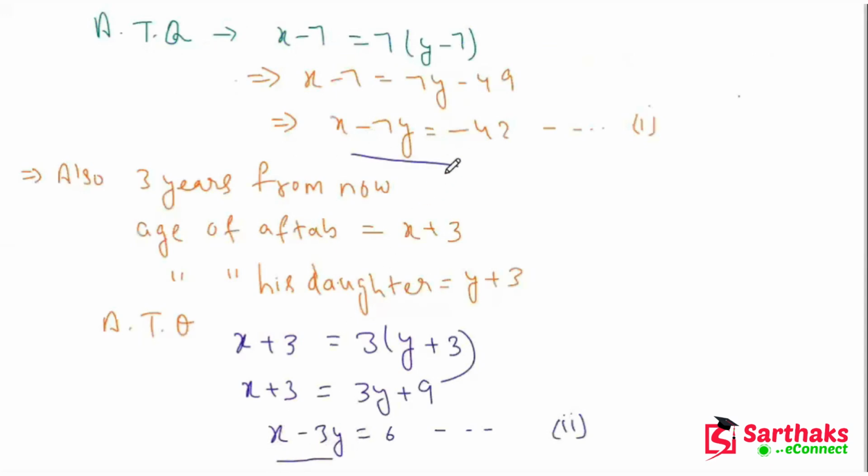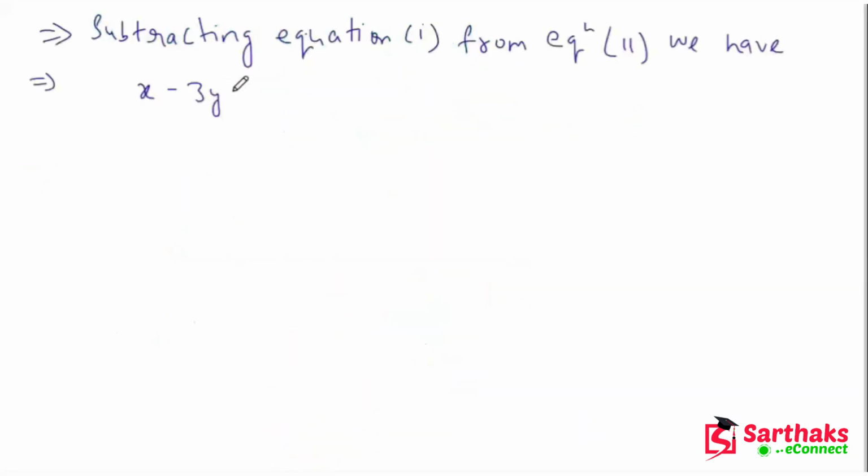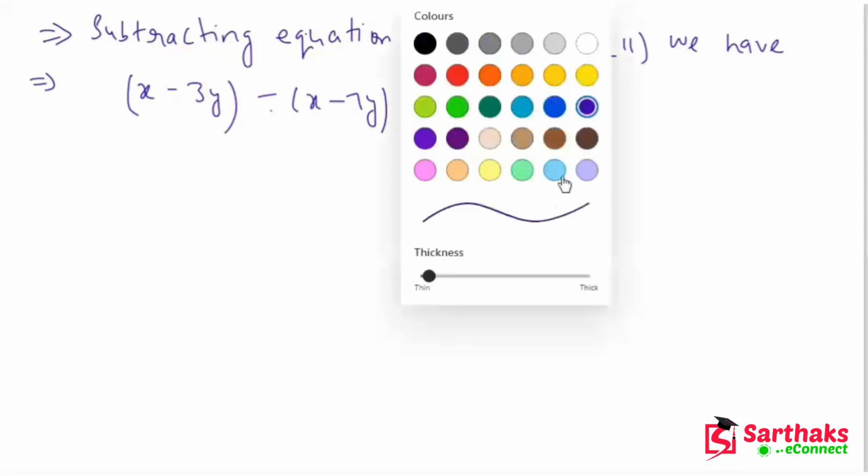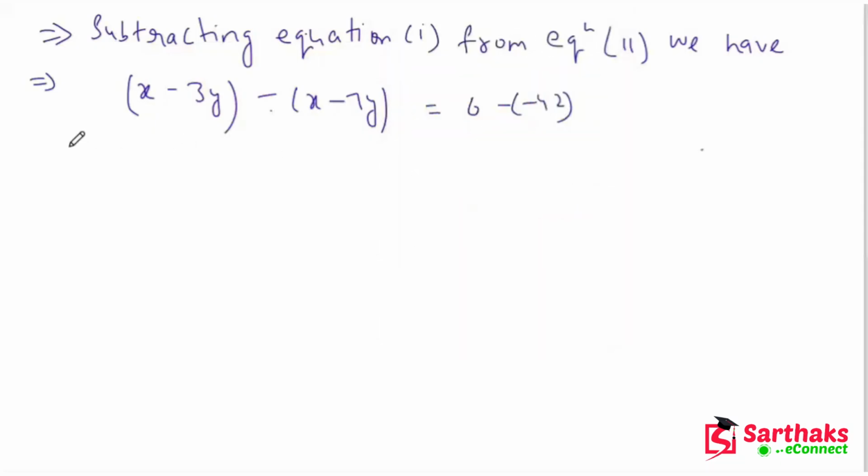So we have to subtract equation first from second, means x minus 3y minus, okay, here is x minus 7y, and in the RHS 6 minus of minus 42. Then what is the result? The result is x minus 3y. Here we are removing the bracket.